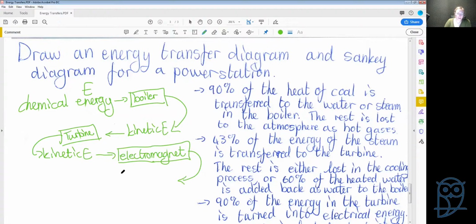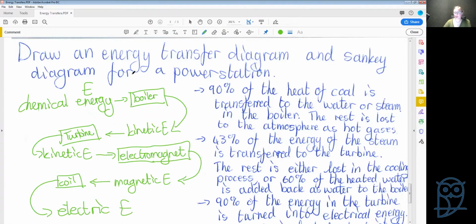And this gets turned into magnetic energy. The magnetic energy rotates in a coil, which turns it into electric energy. Rather complicated process over here.